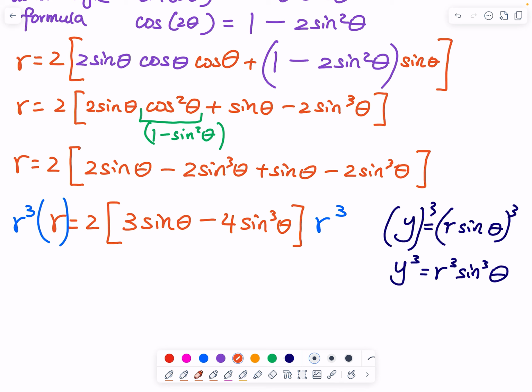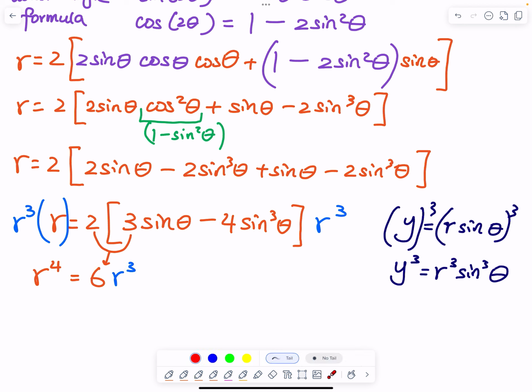We are not even close to the final answer yet. r to the fourth equals 2, that is a blue r in front of the bracket. So that means both the 3 and the 4, they share them. Then I can do 2 times 3, that gives me a 6, and then r to the third minus, not yet, I forgot the sign.